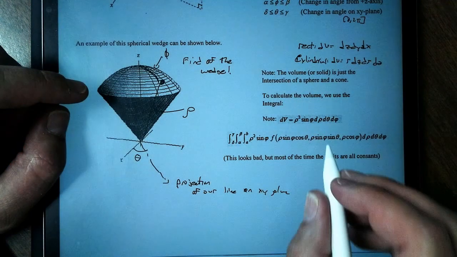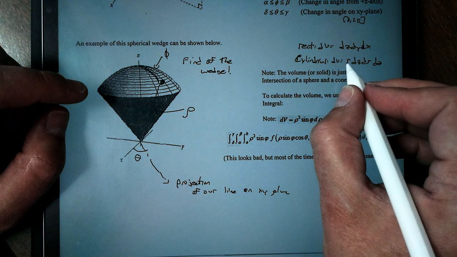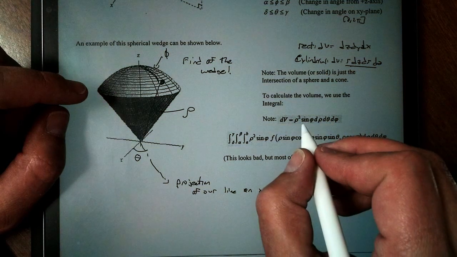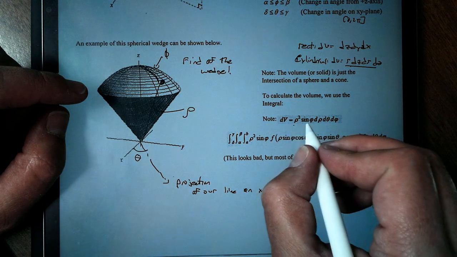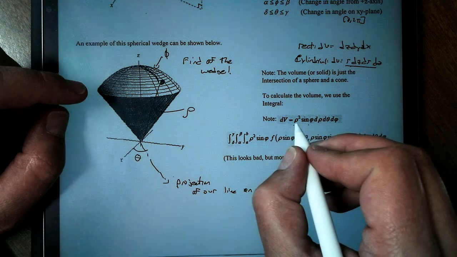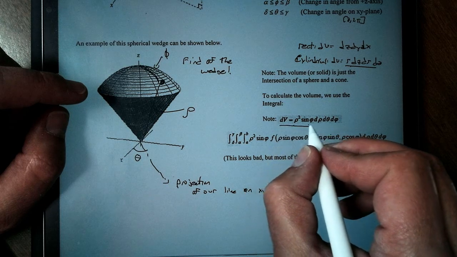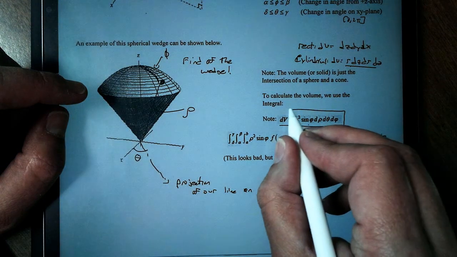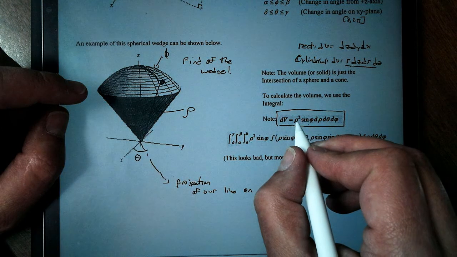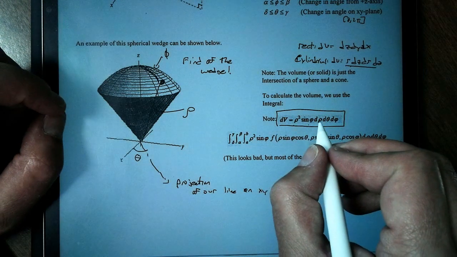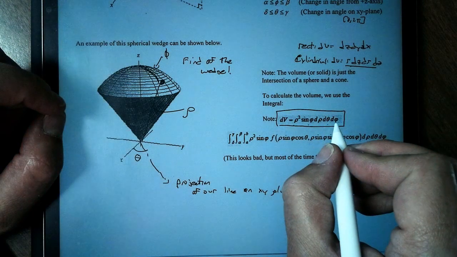And for spherical, our base formula, just right here, is going to be the following. Rho squared sine phi. Now again, I'm not going to prove this in this video, but we'll take a look at another video where we have a proof of this. Rho squared sine phi d rho d theta d phi.